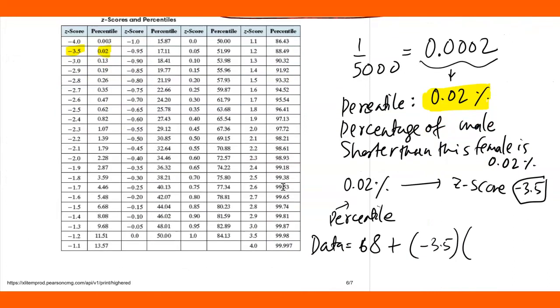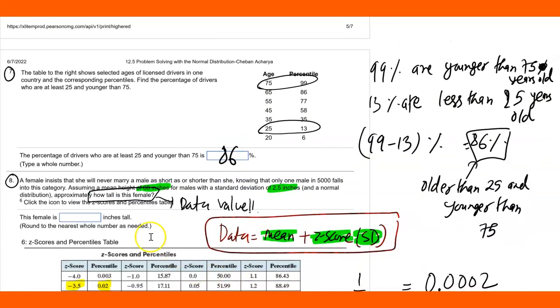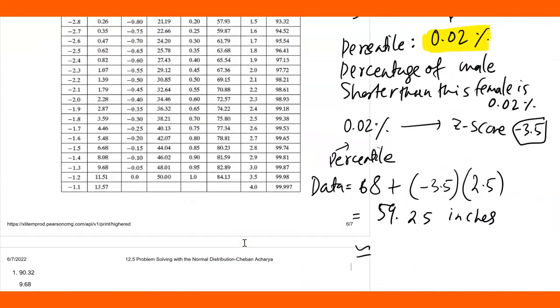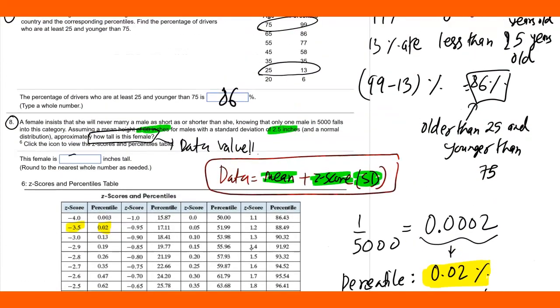If you simplify, this value is 59.25 inches. Rounded to the nearest whole number, that's 59 inches. Therefore, the female's height here is 59 inches.